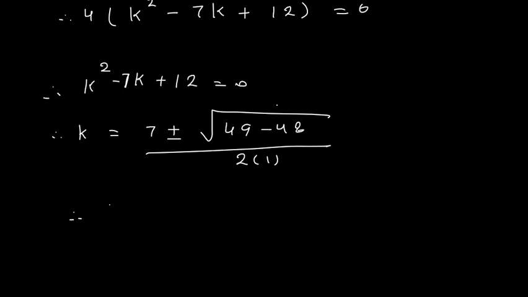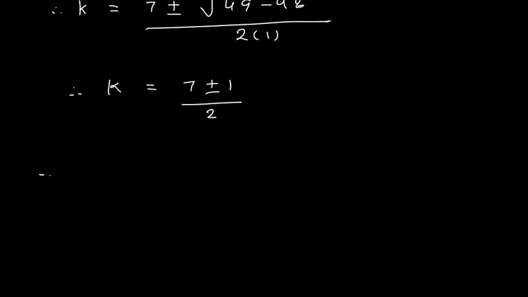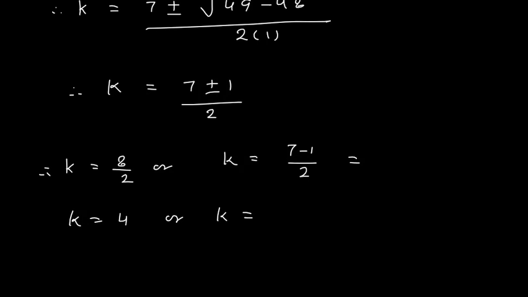So the value of k we get is 7 plus minus 1, upon 2. That is, k is equal to 7 plus 1, 8 divided by 2, or k is equal to 7 minus 1 divided by 2. So k is equal to 4, or k is equal to 6 upon 2, that is 3.